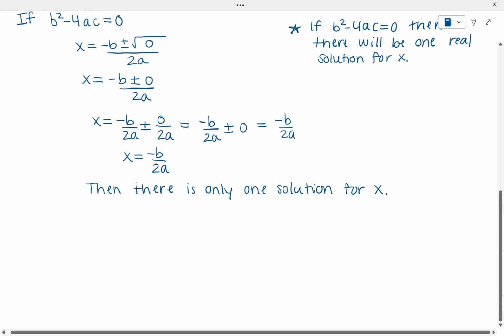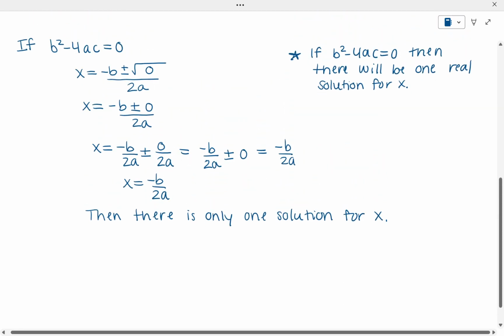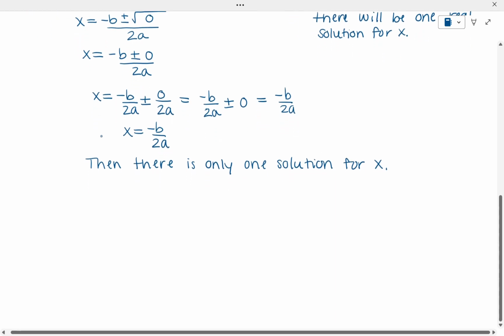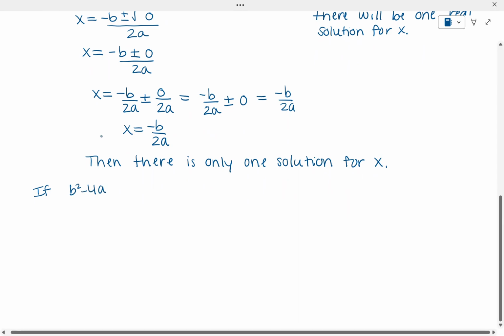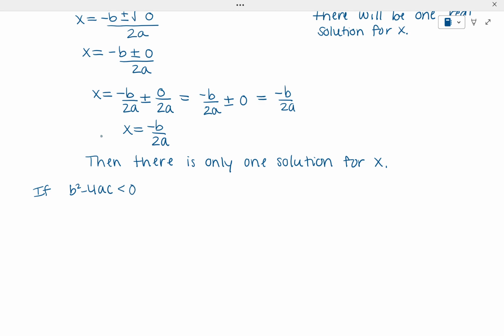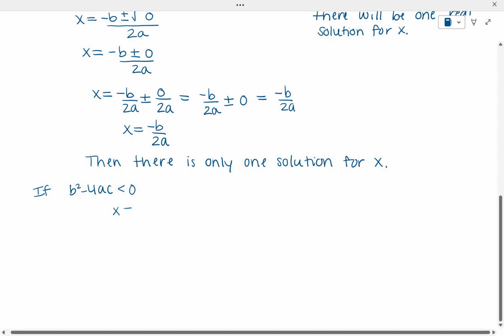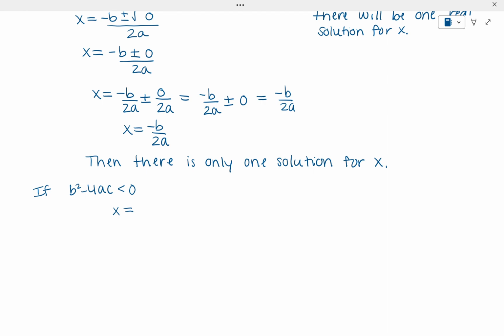What if b squared minus 4ac is negative? How we can write this mathematically is using an inequality. So we could say that if b squared minus 4ac, the discriminant, is less than 0, then it will just be some negative number.